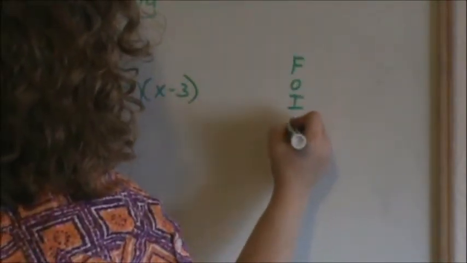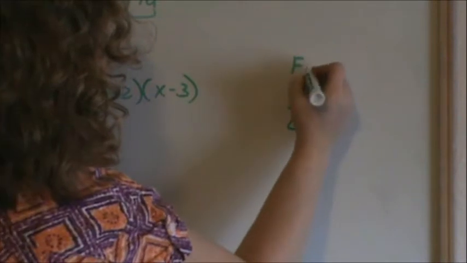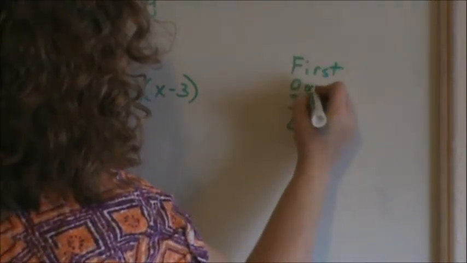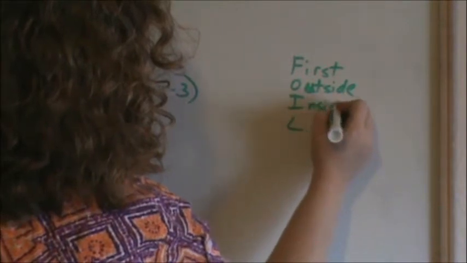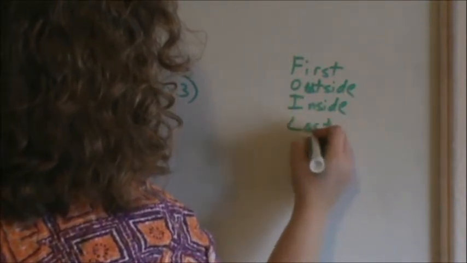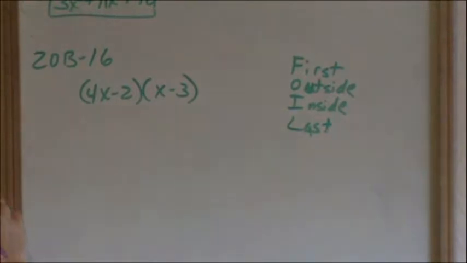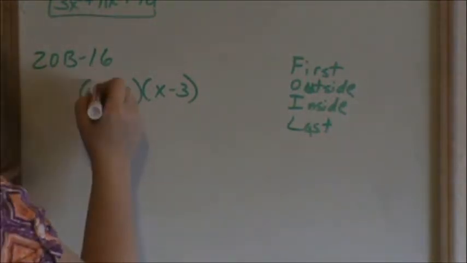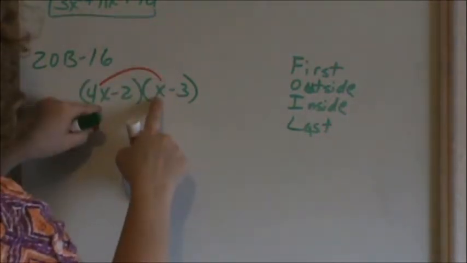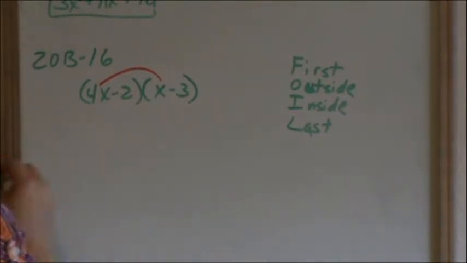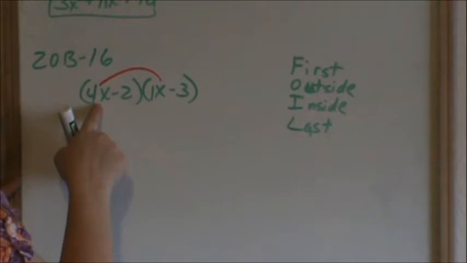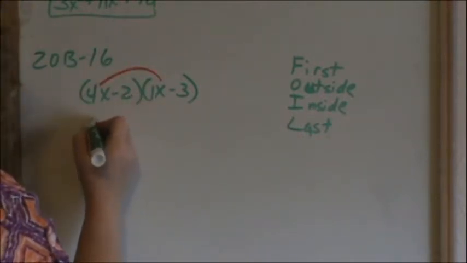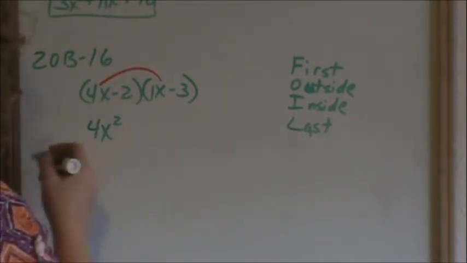FOIL. First, outside, inside, last. So you multiply the first terms together. These are the first terms in the parentheses. So a 4x times a 1x, a positive 4x and a positive 1x is a positive 4x squared.